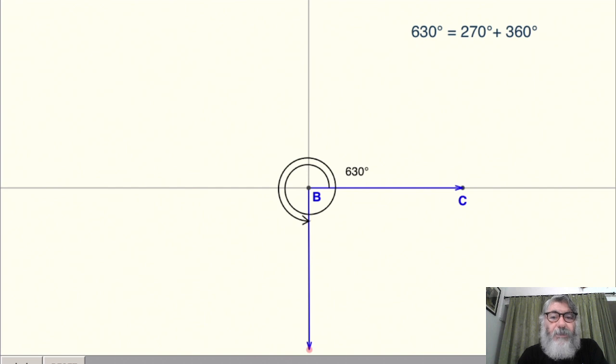And we told you how we decide whether this angle will fall along OY or OY dash. If it is going to fall along OY dash, then what is going to happen? OY dash is the fourth line. If you refer to my earlier videos, OY dash is the fourth line.